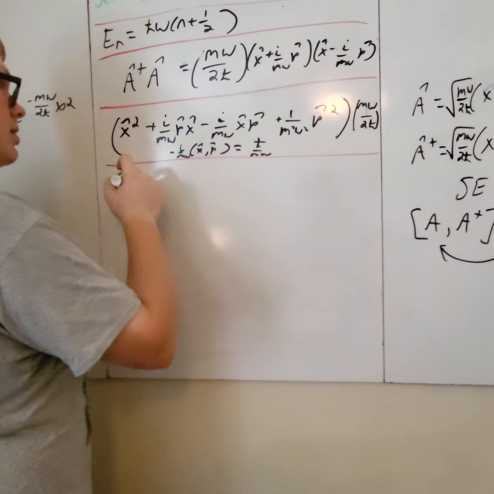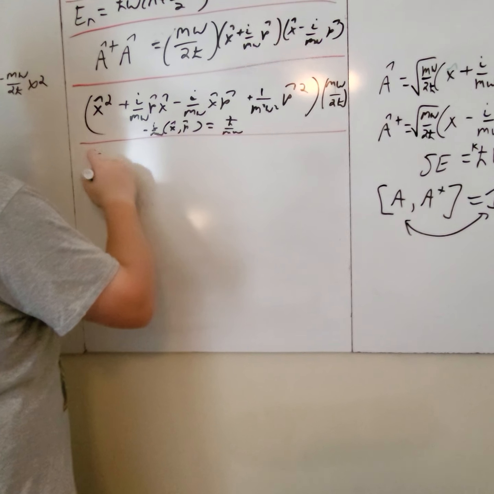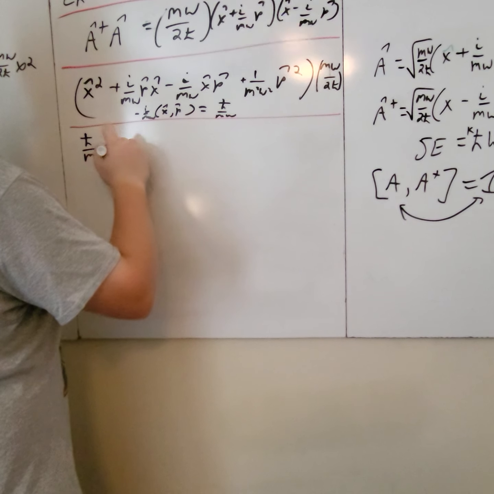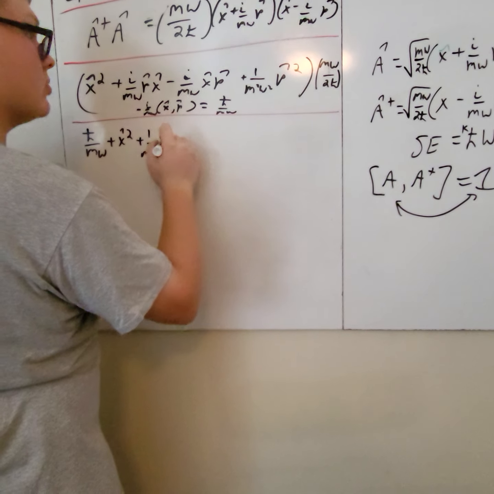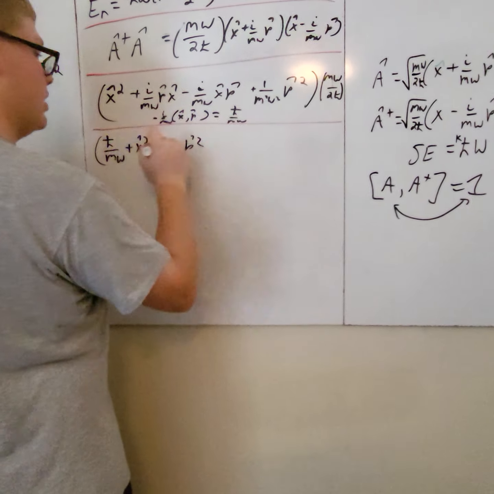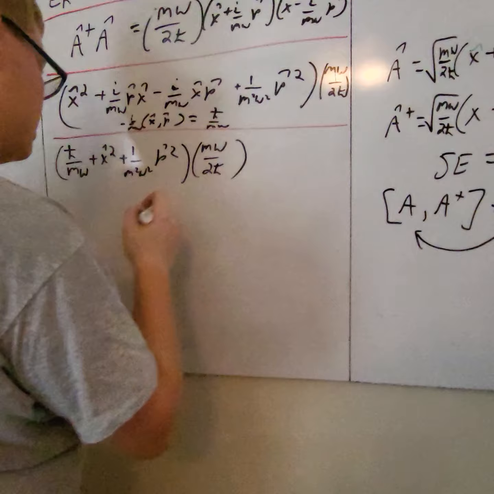Alright. H bar over mw plus x hat squared plus 1 over m squared w squared p hat squared. Now we're going to multiply it all by mw over 2h bar.